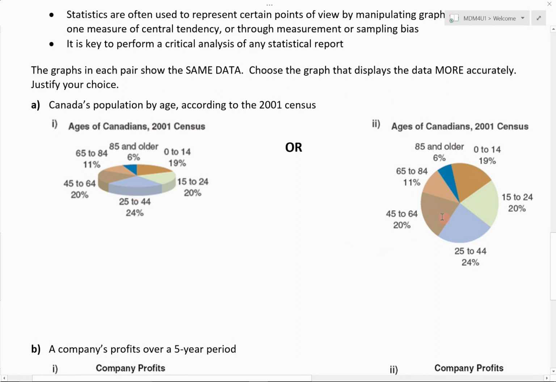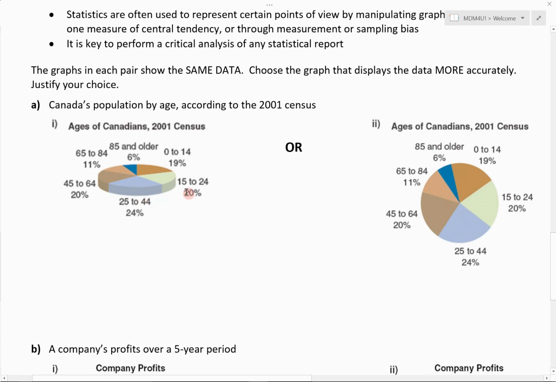Whereas if you look at the 2D chart, by virtue of being in 2 dimensions, you get an exact proportional relationship between each slice of the pie and their percentages. Like this blue slice actually represents 6%, whereas in the 3D graph it looks a little bit smaller. And this slice here is the biggest one, the 24%. It looks closer to a quarter of the entire graph.